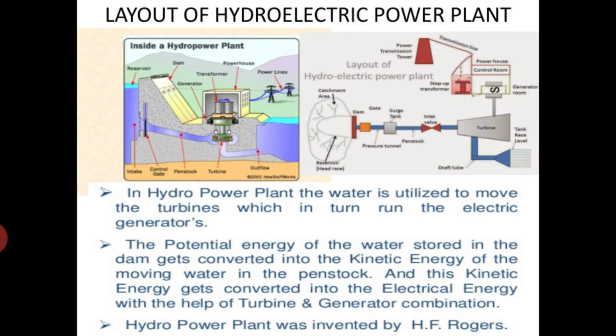And this is the general layout of a hydroelectric power plant, very important for the generation of electricity. What are the components of this hydroelectric power plant? Let us look at the picture. You can easily understand the general layout. It has a dam across a river to store the water. Look at this figure.